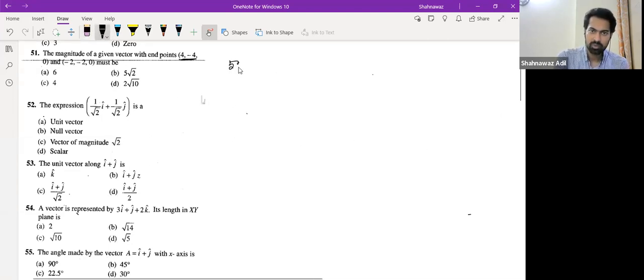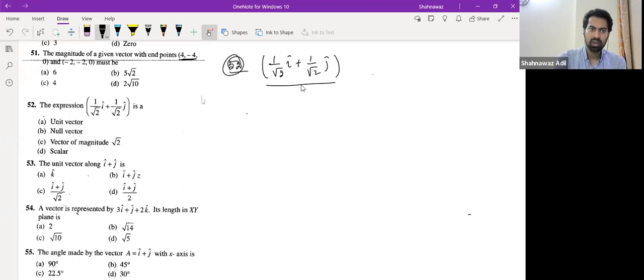Okay, so problem number 52. The expression 1 by root 2 i plus 1 by root 2 j is a unit vector, null vector, vector of magnitude root 2, or scalar. So the first question: is this a scalar quantity?